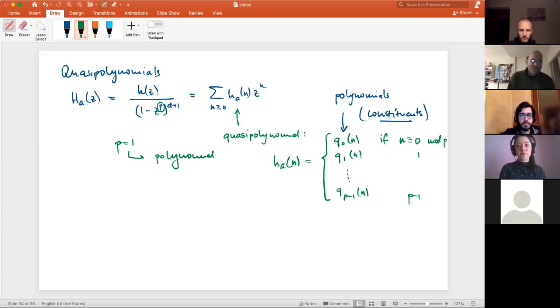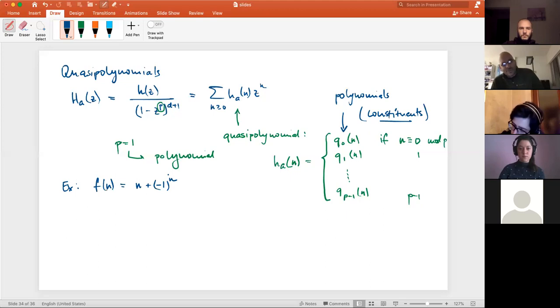And so again, I'm not going to prove this, but let me do an example. Let's say my quasi-polynomial, I'm going to run out of letters, so let's just use n. One example is something like this.